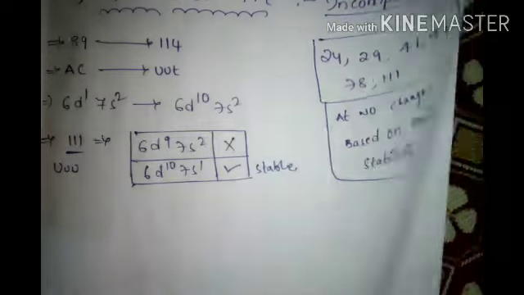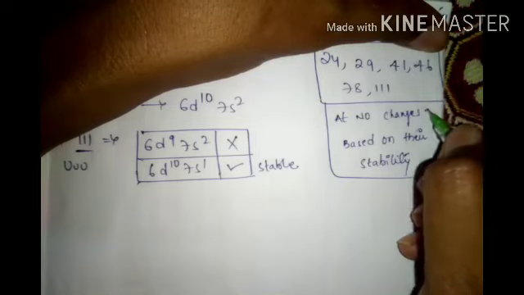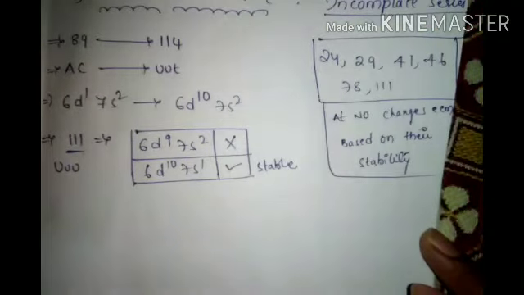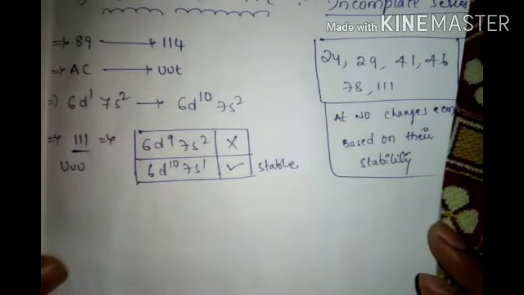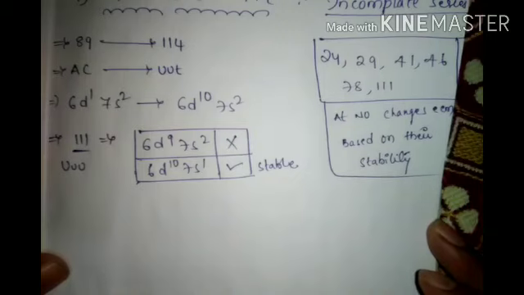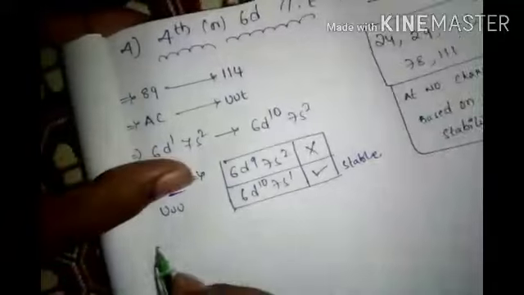The atomic number changes the electronic configuration for the purpose of increasing stability, so it changes in the middle. Okay, this is the electronic configuration of transition metals. Four series are there.